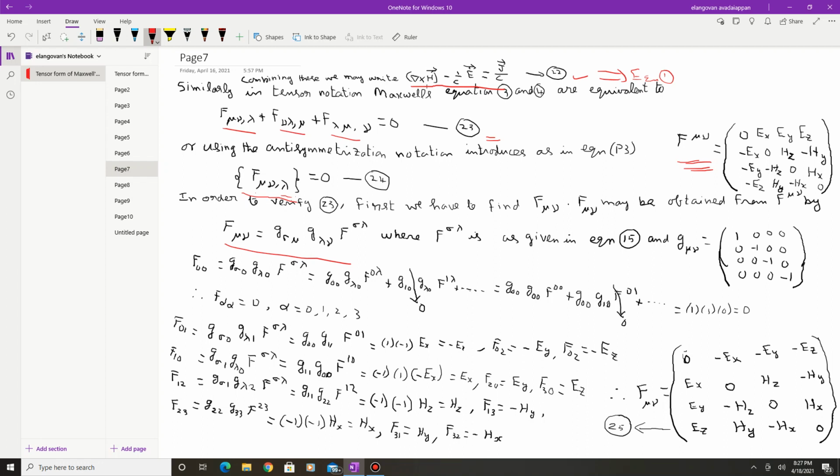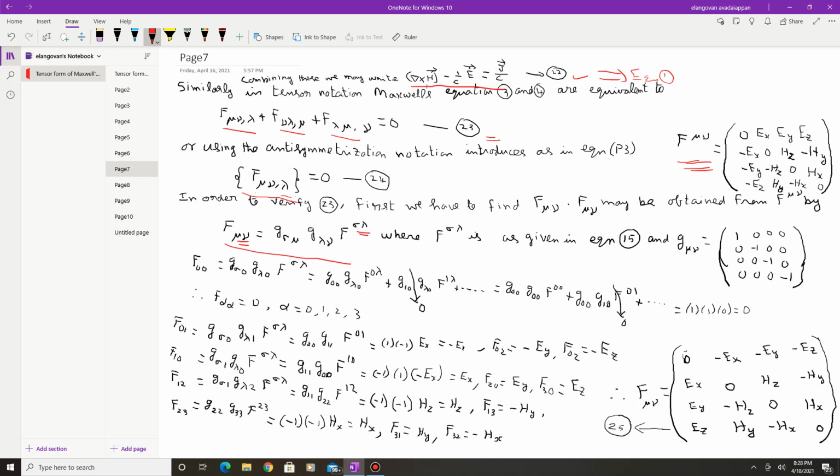So this is the lowering of indices. The lowering of indices can be done by making a product with the covariant metric tensor. By multiplying with the covariant metric tensor, one index will be lowered, and if you make another inner product, the two indices will be lowered. So from the components of the contravariant field tensor, you can get the components of the covariant field tensor by this process.